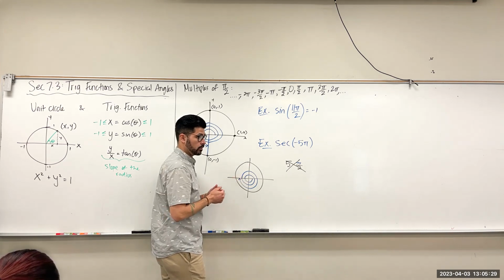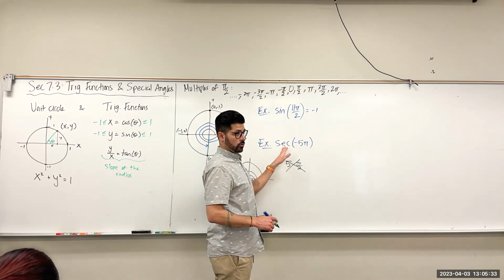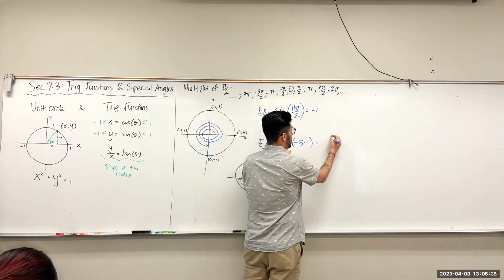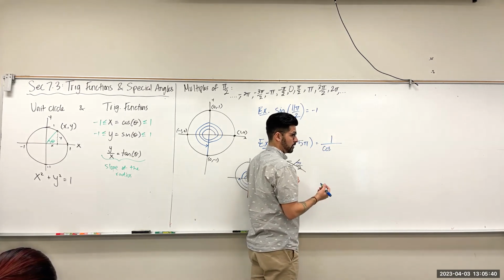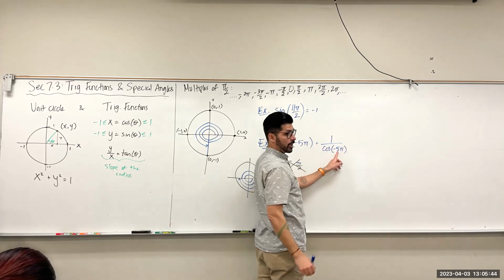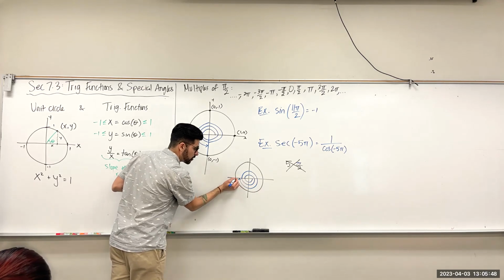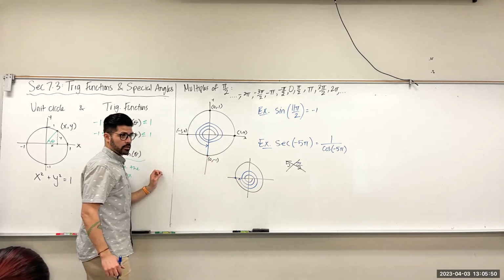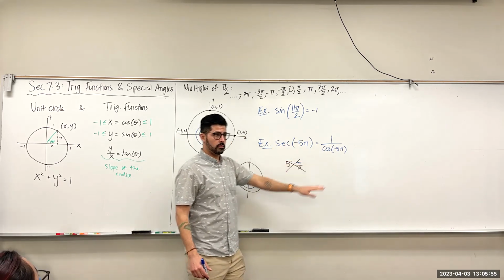Now, how do you do secant on the calculator? What is secant equal to? 1 over cosine. It's not the inverse of cosine, it's a reciprocal. We're going to get into inverses later. We know we end up here, so this has a terminal point right there. How can this point help you figure this out?